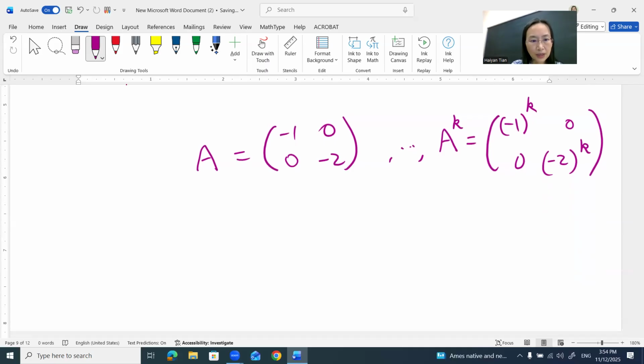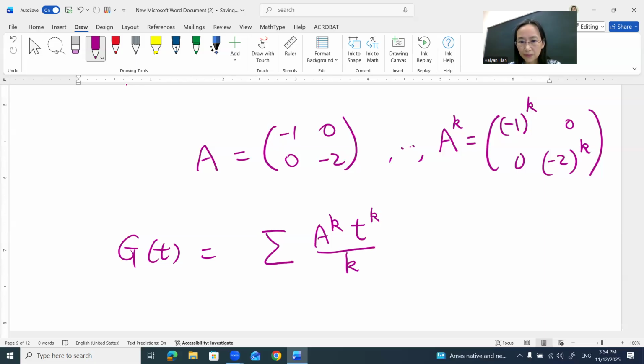Recall that our fundamental matrix for the linear system with constant coefficient matrix is simply the sum of A to the K's power times t to the K over K factorial.